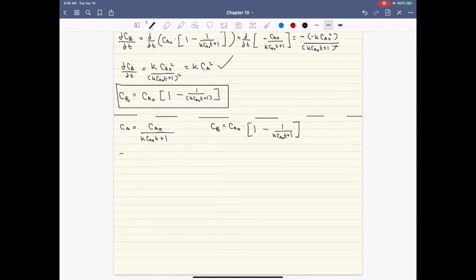Alright? So let's think about the case where k CA naught times t is much less than 1. So for instance, at 0, if time was equal to 0.